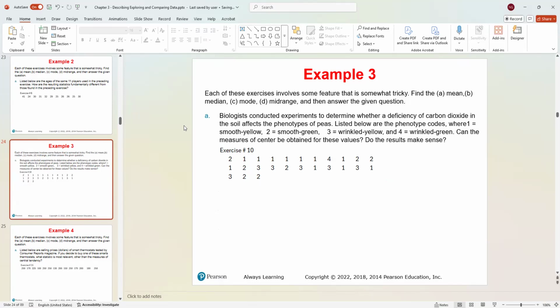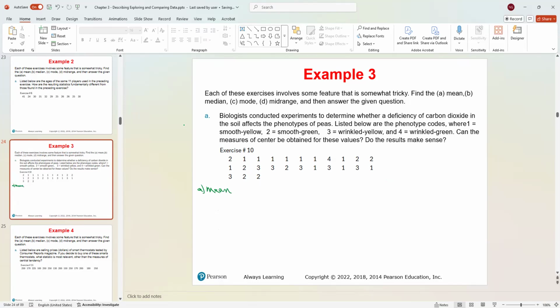Listed below are the phenotype codes, where one is smooth yellow, two smooth green, three wrinkled yellow, four wrinkled green. Can the measures of center be obtained for these values? Do the results make sense? We can answer these two questions after. But let's answer the first question. Find the mean. Remember, to find the mean, what do we do again?